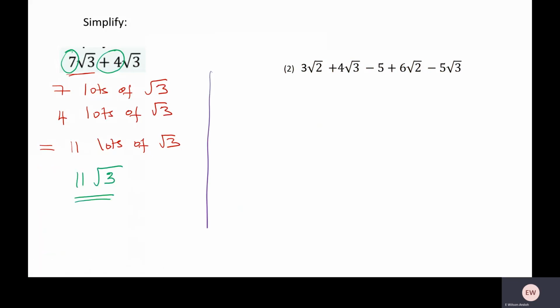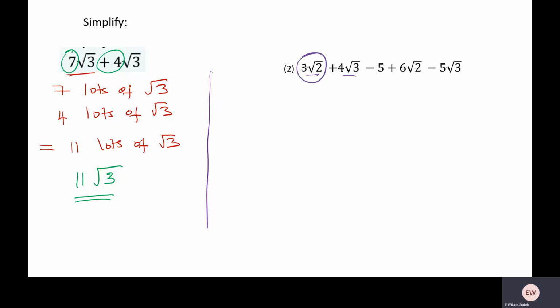In the next example, all the surds are simplified, so let's group the like terms. If we pick the first and second term, these are not like terms because in the first term, the number in the square root is 2, and in the second term, the number in the square root is 3. So they are not like terms.